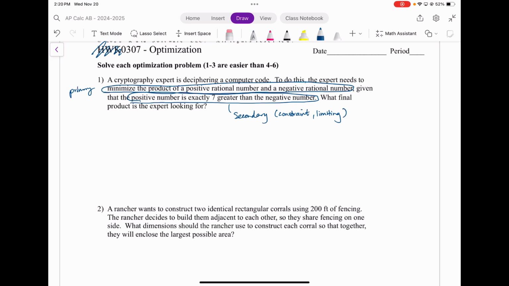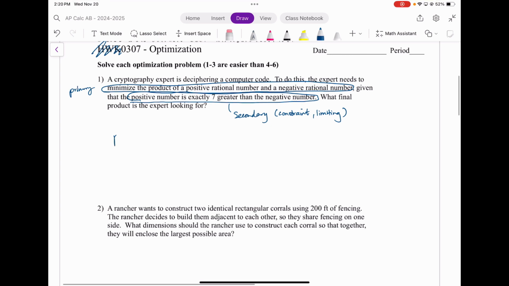So let's find the equations for these two things, and we might want to go ahead and give names to stuff. So let's call P the positive rational number, and let's just say n is the negative rational number. Use letters that make sense.